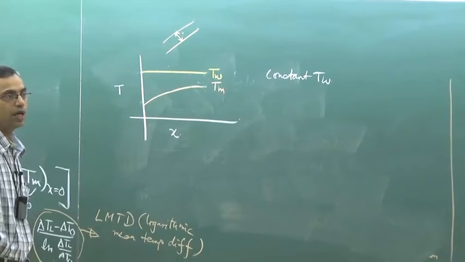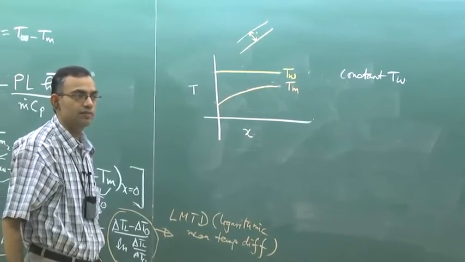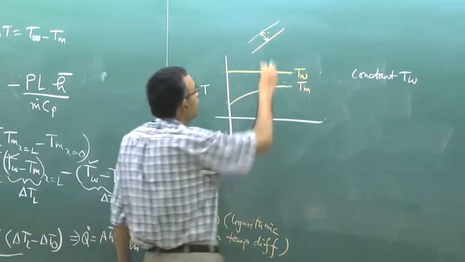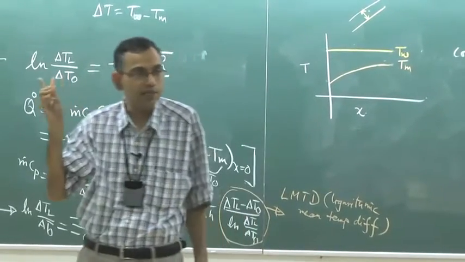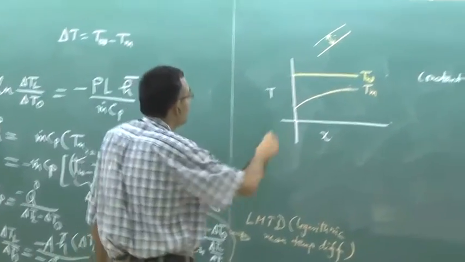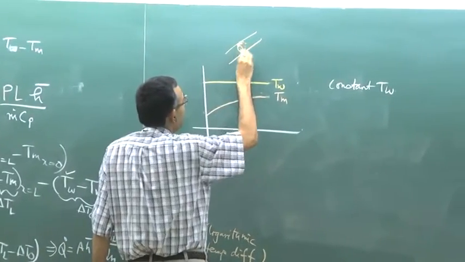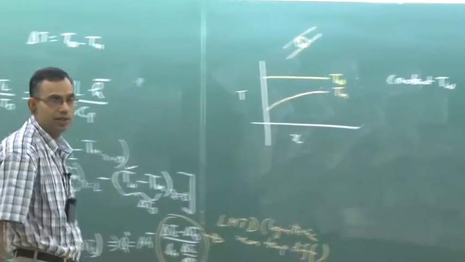The logarithmic mean temperature difference physically represents the equivalent temperature difference. So if this difference is a constant, this constant value itself is the logarithmic mean temperature difference.